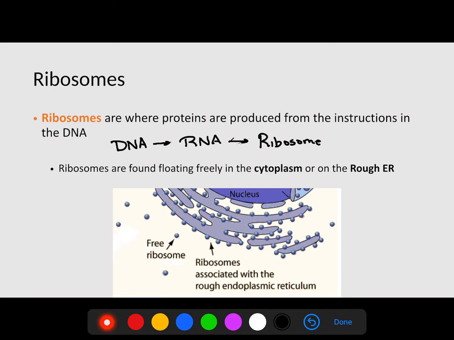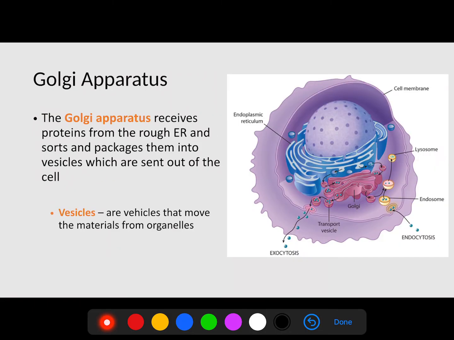Once it gets to the ribosomes, it is produced into proteins for our body to use. Ribosomes are found in two locations. They're found free floating in the cytoplasm, as well as attached to the rough endoplasmic reticulum. But the key here is they make proteins. They are like a factory inside of our body that produce things so that we can survive and live.